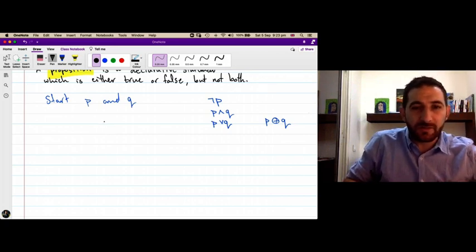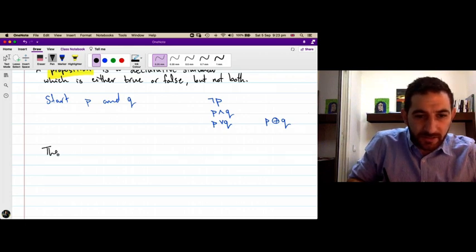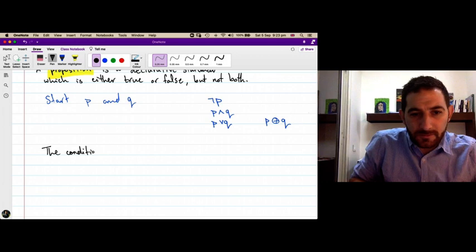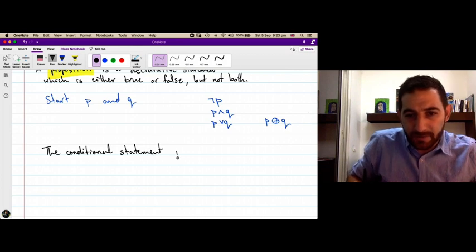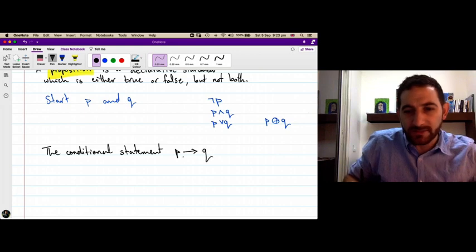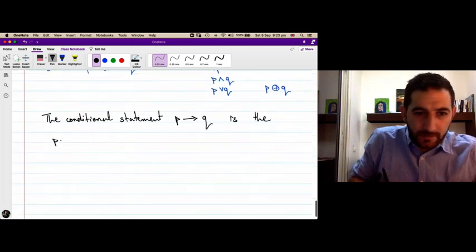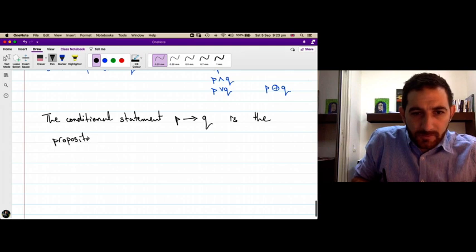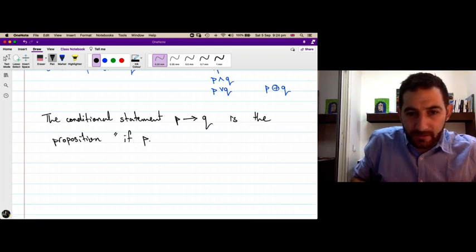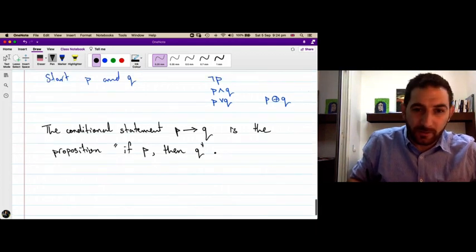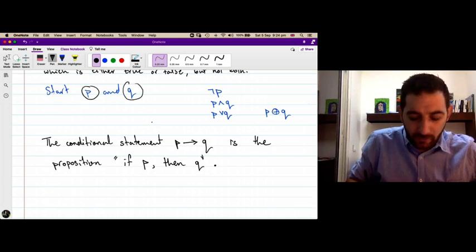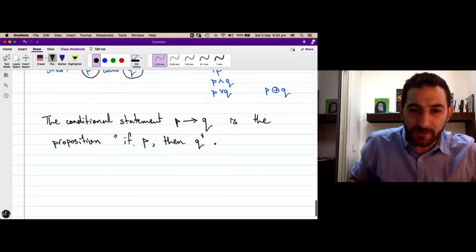Suppose P and Q are propositional variables or are propositions, then the conditional statement, we read it as P implies Q, and we write it as P arrow Q, is the proposition if P then Q. Okay, so again, we start with two propositions, P and Q. We build a new one, which is P arrow Q, and it stands for if P then Q.